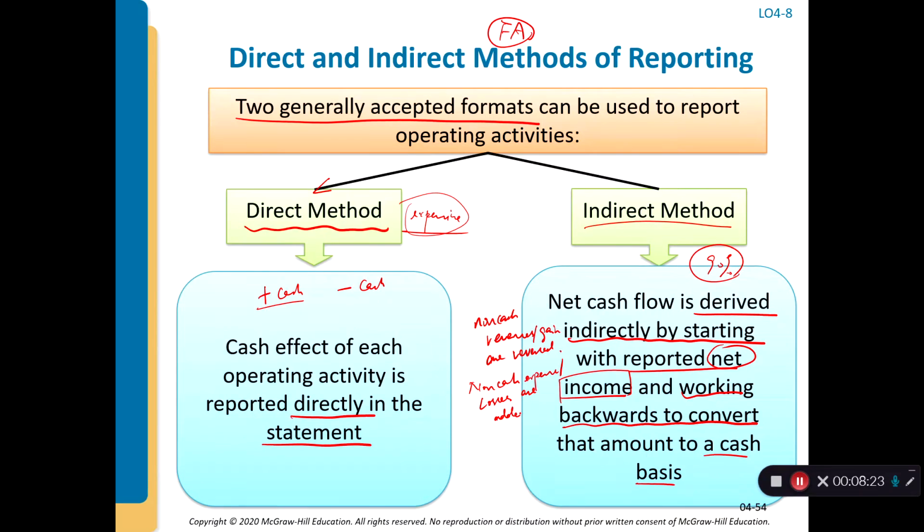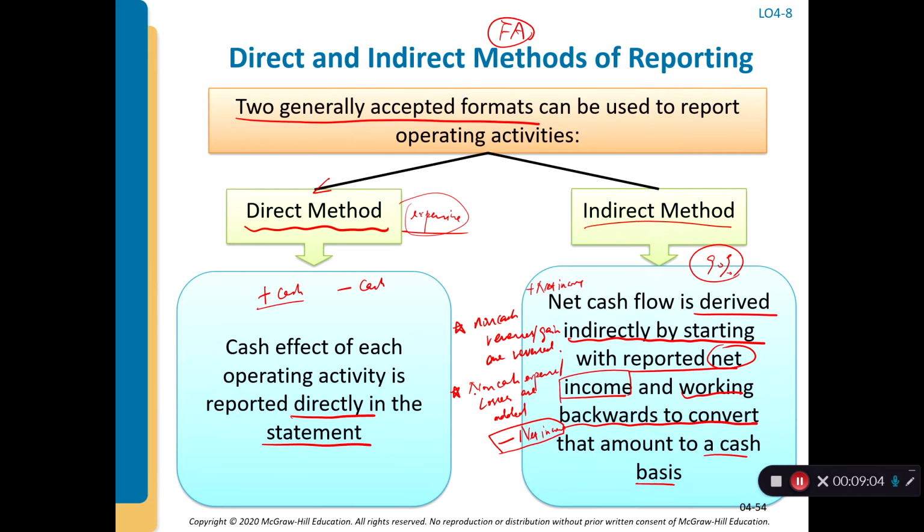Because remember, in net income, those non-cash revenues and gains are positive towards net income, and those non-cash expenses and losses are negative towards net income. But if you are reporting cash, those are non-cash items, so those income and revenues should be subtracted because they do not create inflow. And when you see those deducted items in net income that are non-cash related, you have to add them back.